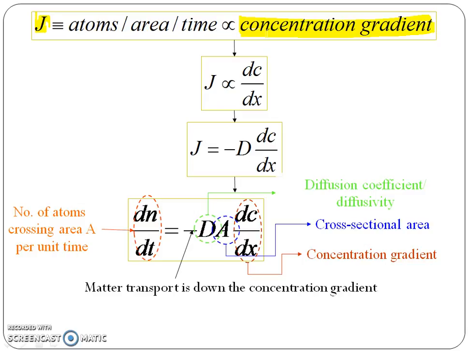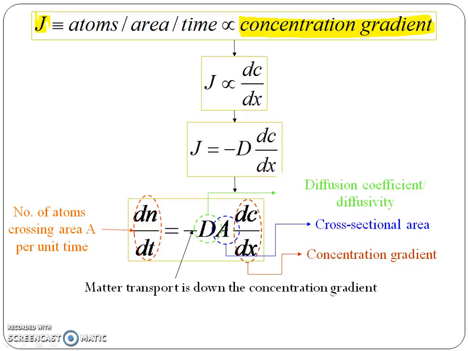If we consider a single phase, then the concentration gradient is the driving force. Therefore, the amount of material diffusing through a perpendicular area must be proportional to the driving force, that is, the concentration gradient.